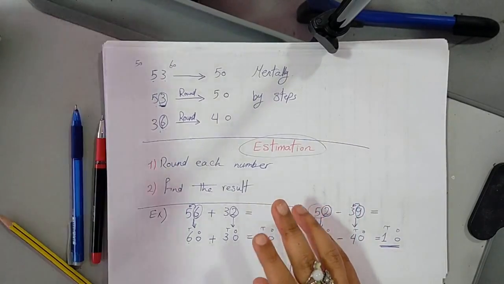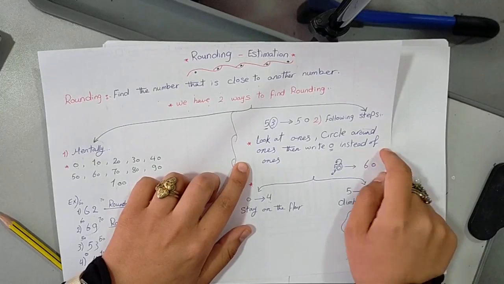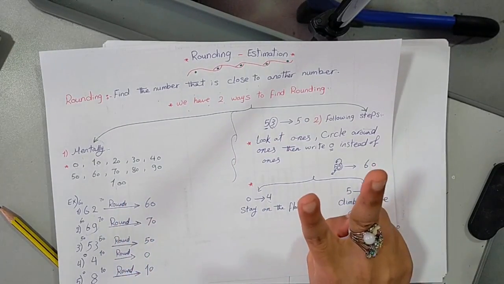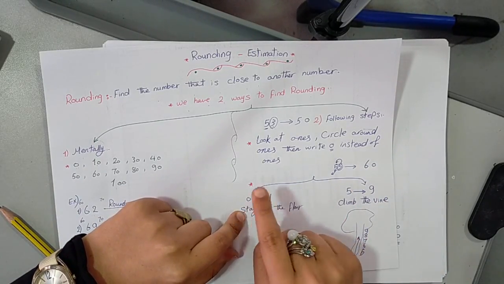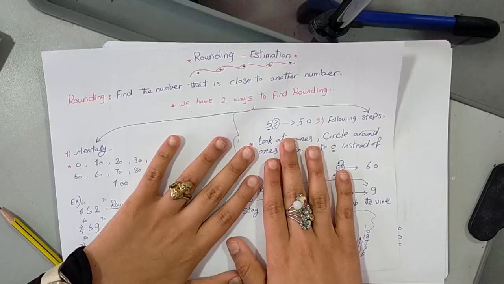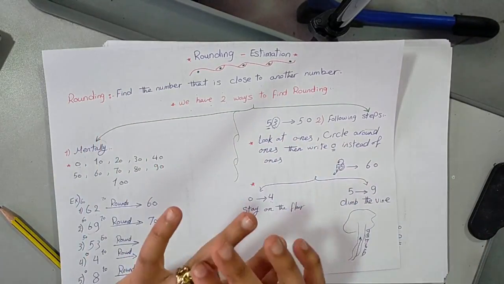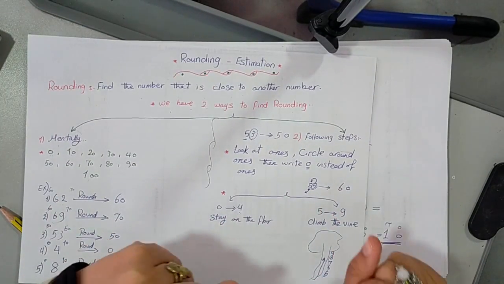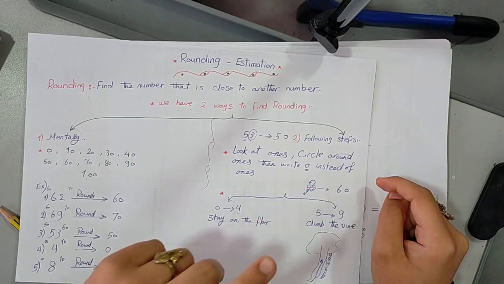By following the steps, the first step, circle around the ones, then write 0 instead of the ones. The second step, look at the ones. If the ones is any number from 0 to 4, stay on the floor. It doesn't have power to change the tens, so I write the tens without changing. 5 to 9, climb the vine, has the power to change the tens, to move it.